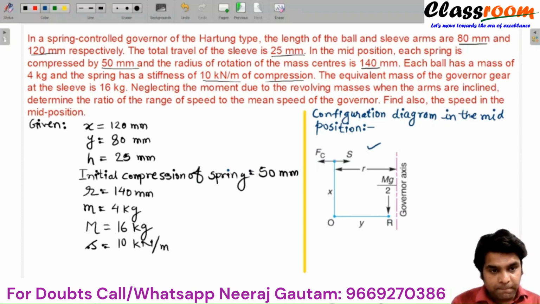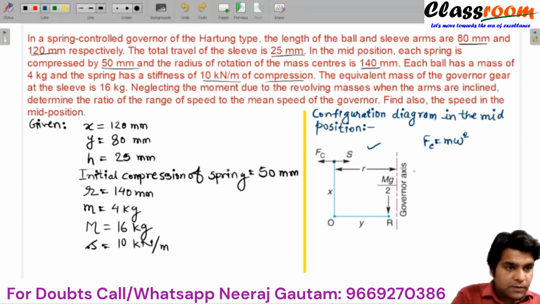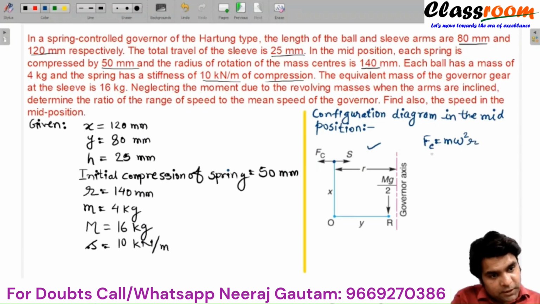You can see here in the mid position there is a centrifugal force Fc. Fc equals mass into mean speed squared into mean radius. These are the configurations. The initial spring force is the stiffness of the spring into the initial compression of the spring. I denote the initial compression by IC.